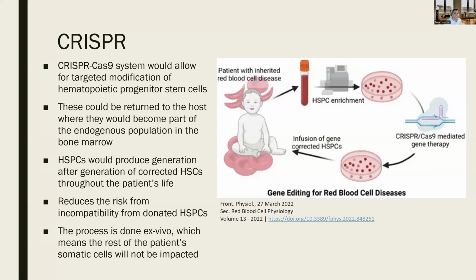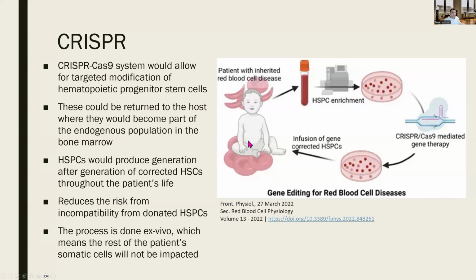If we were to do this in the person's body, all of the cells could be subject to this type of correction. That could theoretically be problematic. But because we're doing it ex vivo, outside the person, we can make sure the cells look right before implanting them, then put them back.